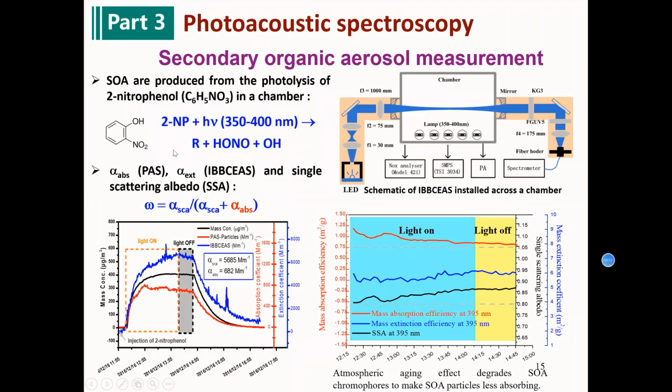For the measurement of secondary organic aerosol, the SOA are produced from photolysis of 2-nitrophenol in a chamber, and the 2-nitrophenol was photolysed by UV and visible light. In the chamber, an IBBCEAS instrument was installed to measure the particle extinction coefficient, and the NOx analyzer, SMPS, and the developed photoacoustic spectrometer are connected with the chamber to monitor the photolysis process.